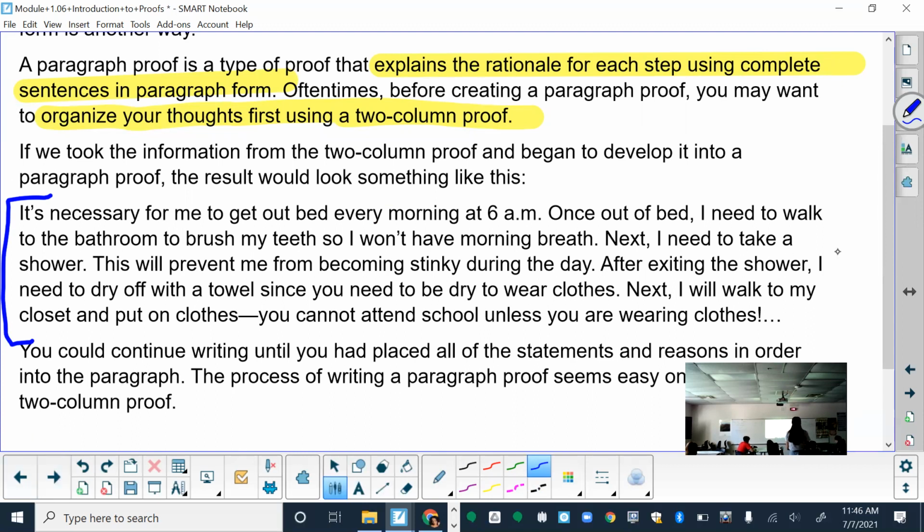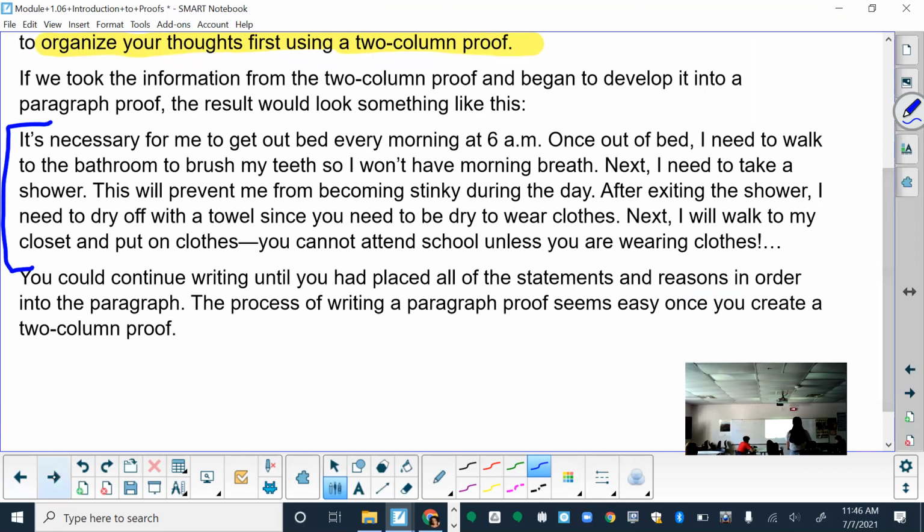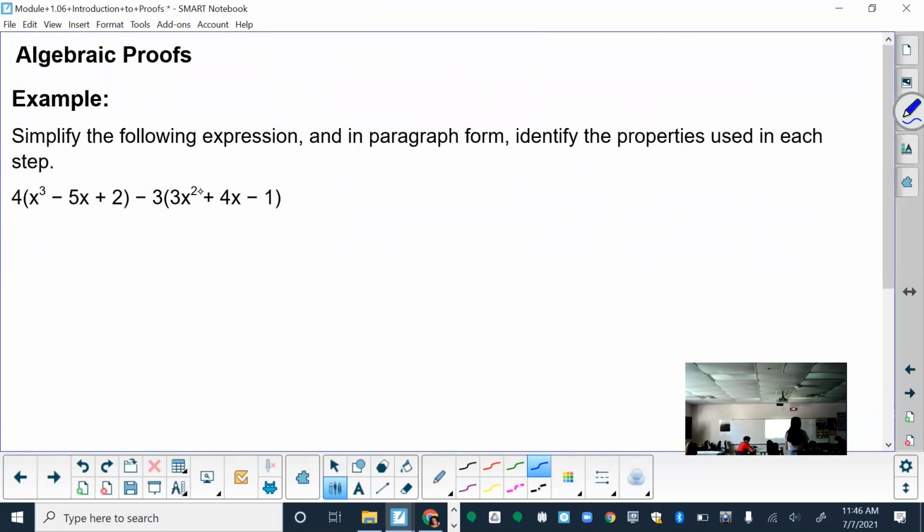All right. So now we have a real example, and we're going to use algebra to show it, because we don't know technically a whole lot in geometry right now, other than the vocab we went over yesterday. So here's an algebraic problem that we can use a two-column proof for.